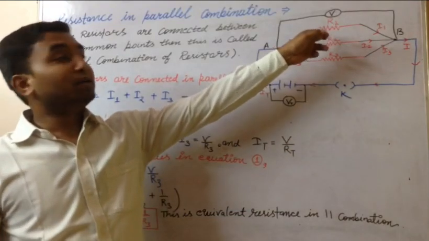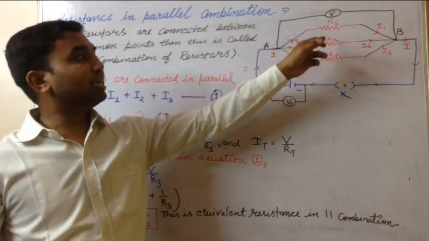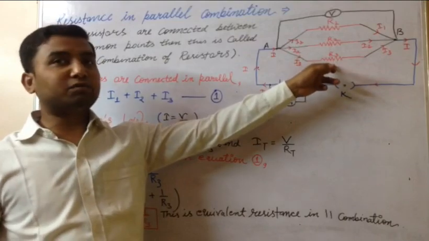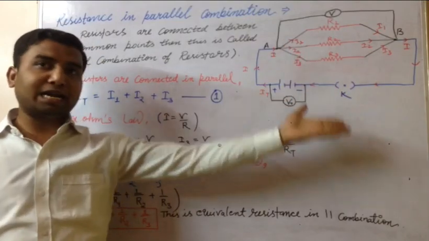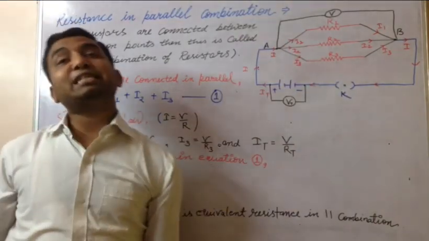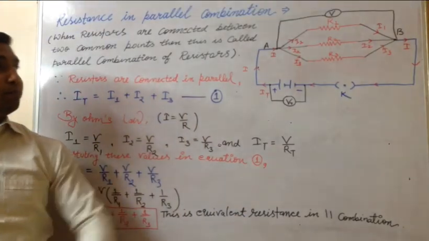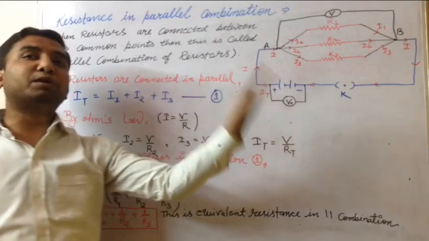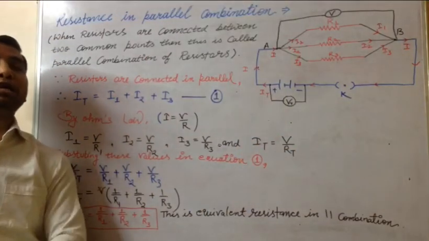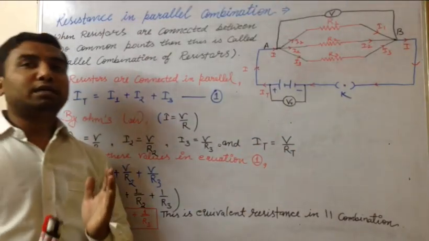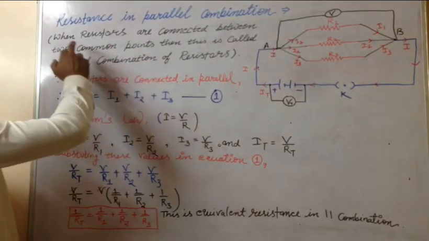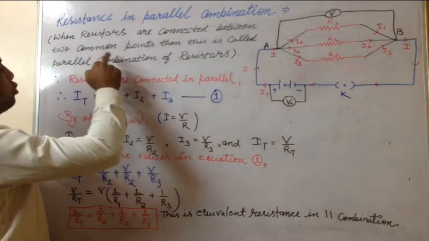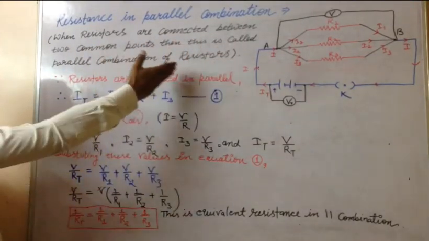Here you can see three resistors R1, R2 and R3, connected in parallel. How can we say these resistors are connected in parallel? When resistors are connected between two common points, this is called parallel combination of resistors.